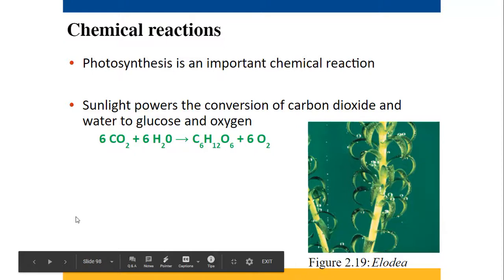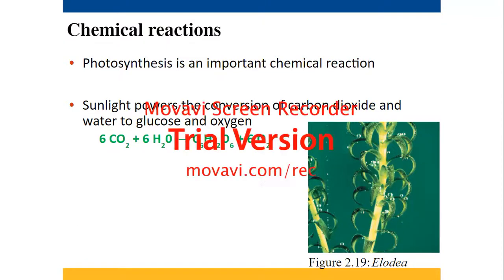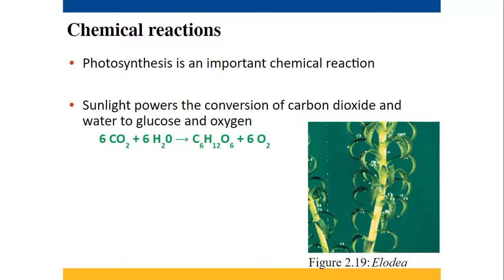All right, so again, one common chemical reaction, which I'm sure you've seen before in all of your previous biology classes since middle school, actually probably since elementary, is photosynthesis, okay.